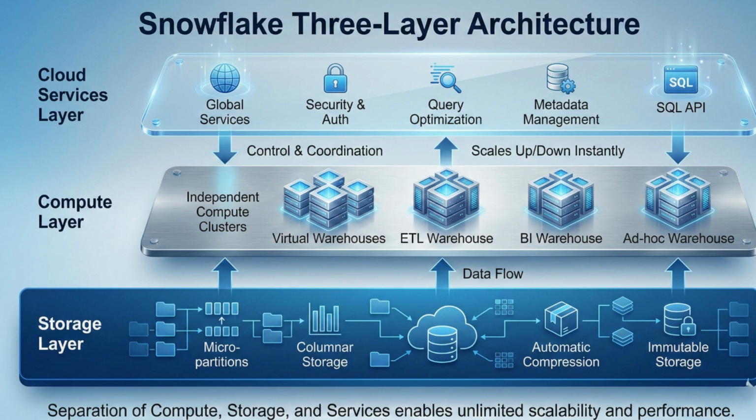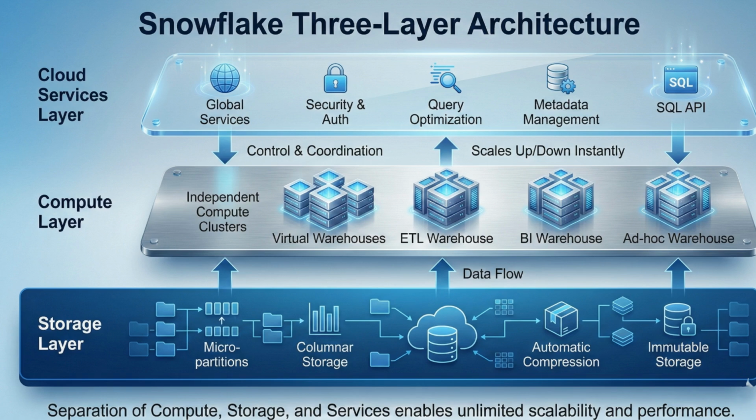At the top, we have the cloud services layer. This layer acts as the brain of Snowflake. It handles important activities like authentication and security, metadata management, query optimization, global services, and the SQL API. Whenever a user submits a SQL query, this layer coordinates everything behind the scenes.